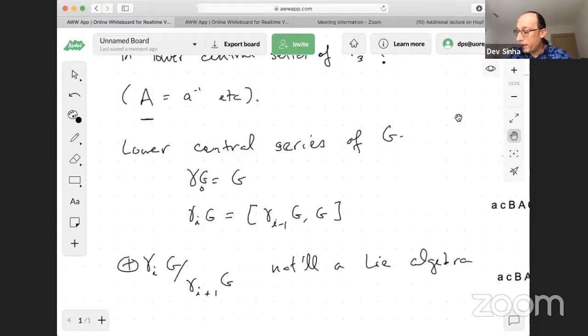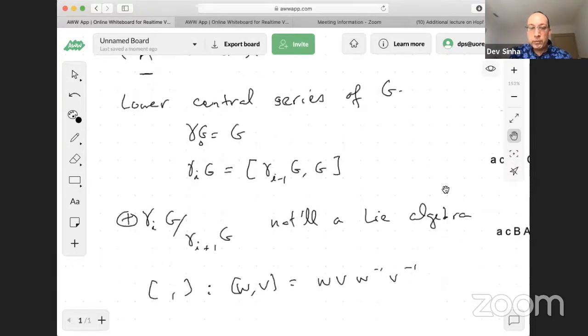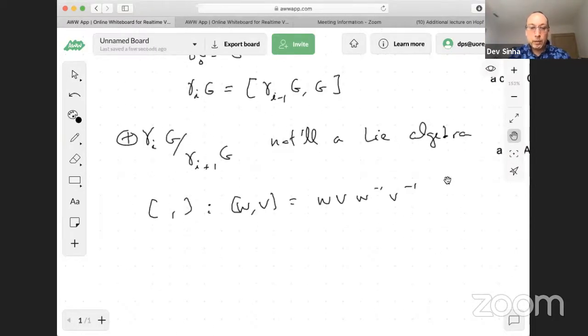Again, the bracket of W and V is: take the word W, follow it by V, then take the inverse of W, followed by V inverse, and you can see that it is preserved by this filtration. And so this is a way to relate highly non-commutative, highly non-linear group theory to Lie theory, which is a bit more linear.